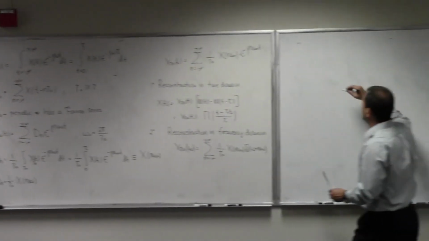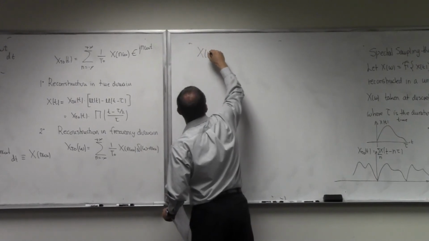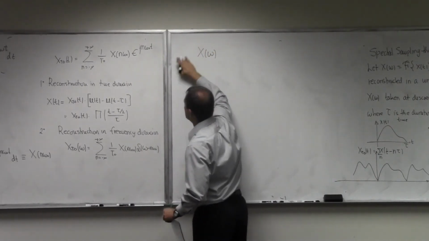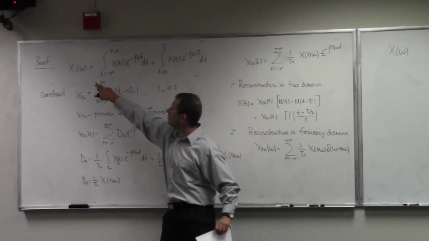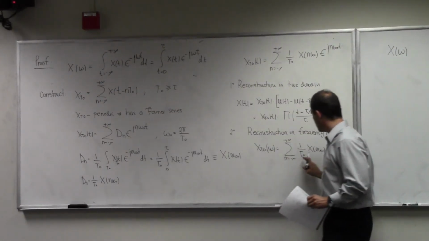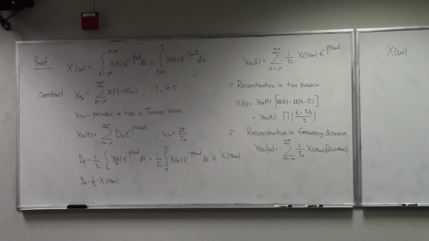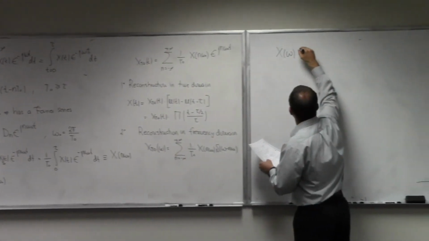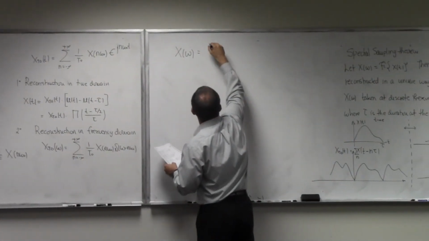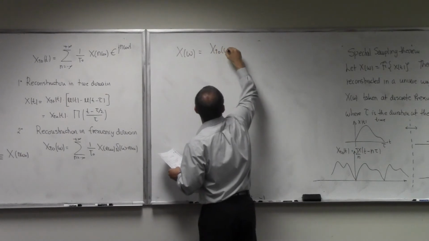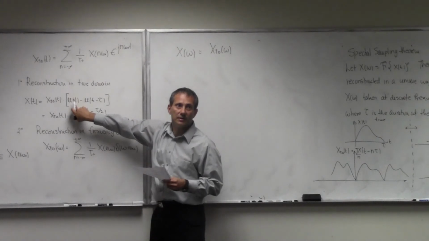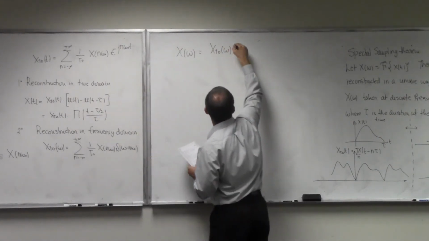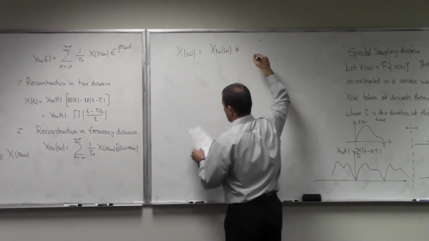So now, if I want to get back to my X of omega, which is the spectrum of the original signal, x of t, if I want to get this one from its samples, then I have to take the X_T0 of omega, and since I'm multiplying by the rectangular pulse in a time domain, what this means is I need to do a convolution with a sinc.